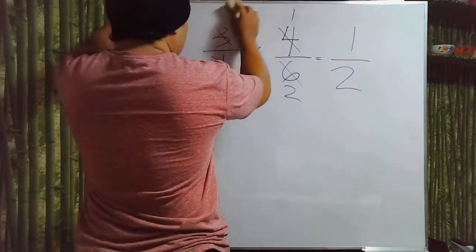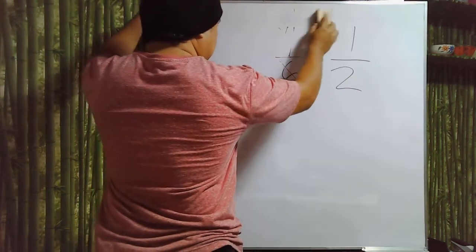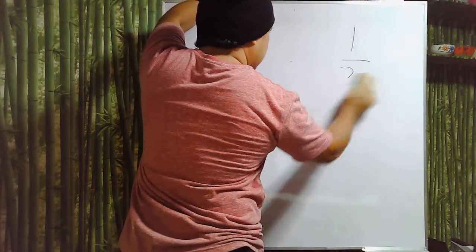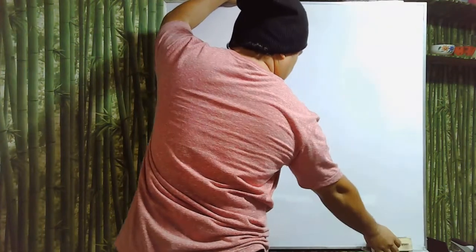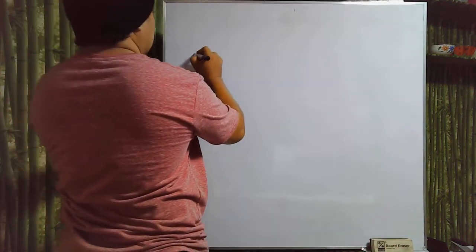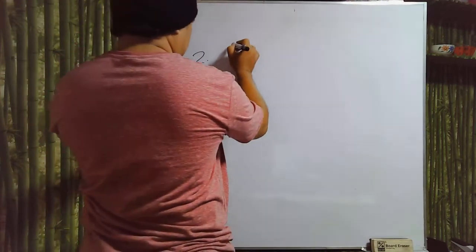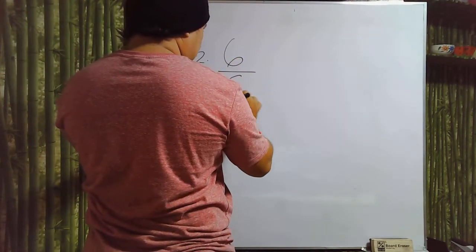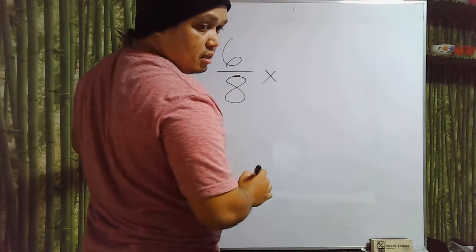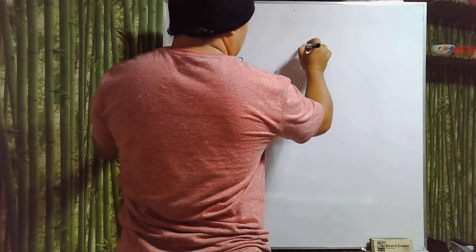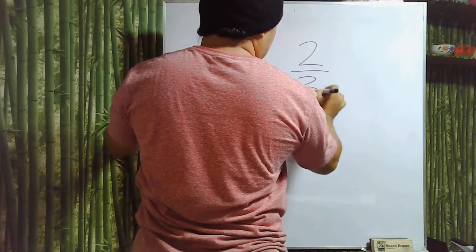Now let's answer number 2. Number 2 here is 6/8 times 2/3. Okay, 2/3.